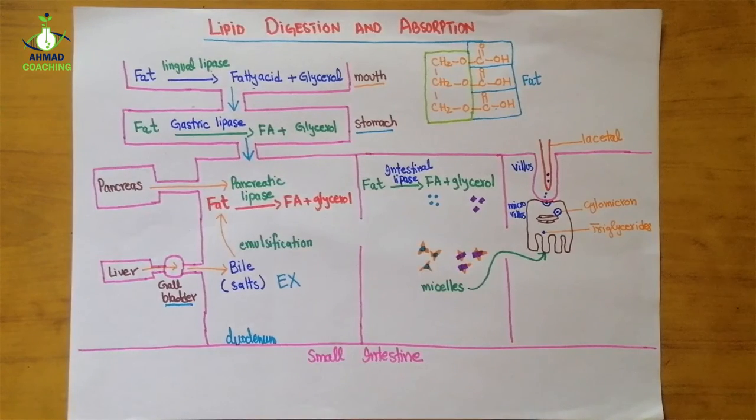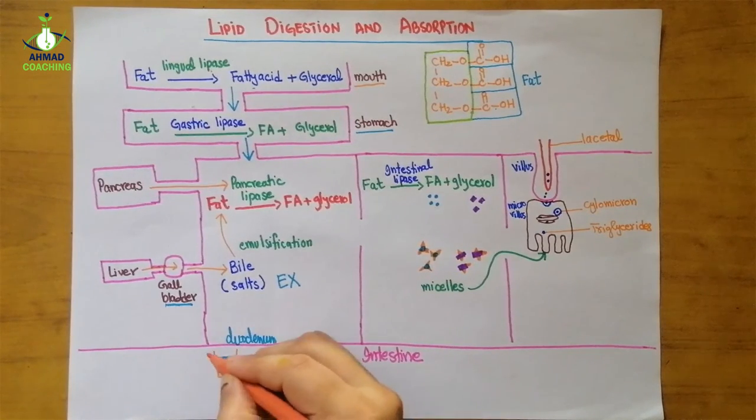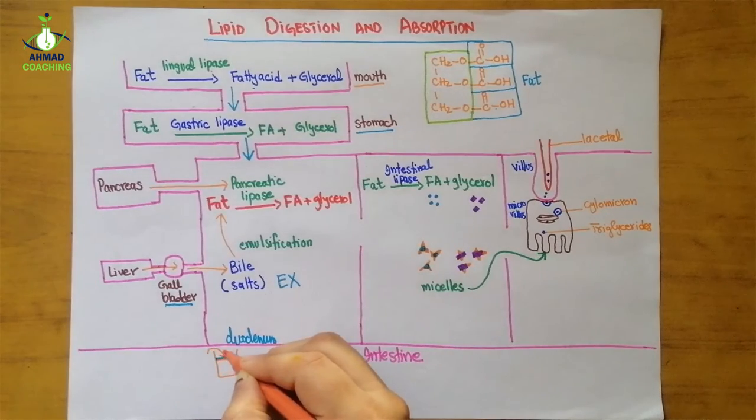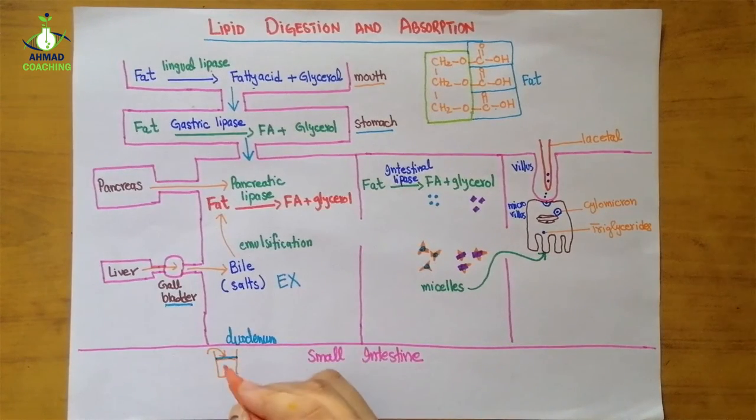What is actually emulsification? For example, you have a glass of water, and on the glass of water you have a layer of oil like this. This oil layer is intact, but you can disrupt this layer by adding some liquid soap. As soon as the soap enters here, this layer is going to degrade.